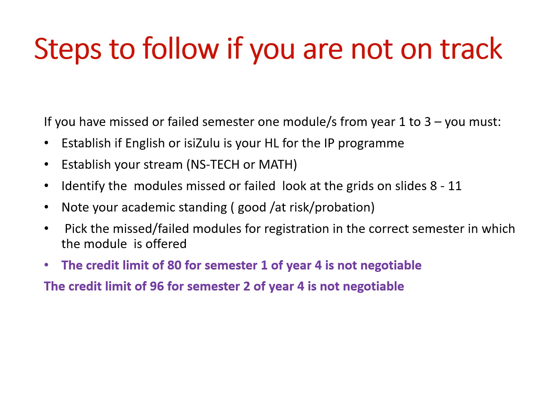Please note, while we allow you to pick up modules that you may have missed in the correct semester that the module is offered, please note in the 4th year of study, for semester 1, the credit limit is 80. For semester 2, the maximum credit limit is 96. This figure is not negotiable.